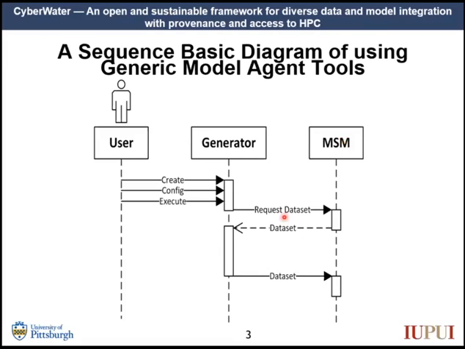So your model agent requests the data from the MSM, and the MSM sends the data to your model agent, which feeds it into the model and runs the model. So the model is actually running here, and once the model run is finished, the output data will be sent back to the MSM so that the workflow can continue to the next step.